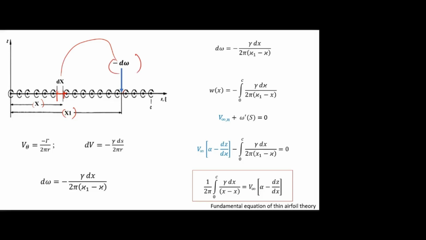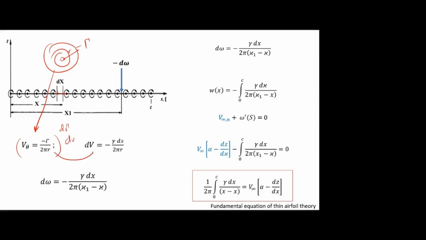So dw is taken. For the normal vortex, this is the velocity formula we studied: the strength is circulation gamma, the radius is r, and the tangential velocity is minus gamma divided by 2 pi r. Here we have taken one small distance, so the strength will be small gamma and the velocity is just dv.